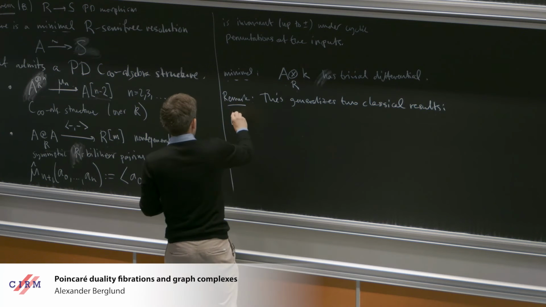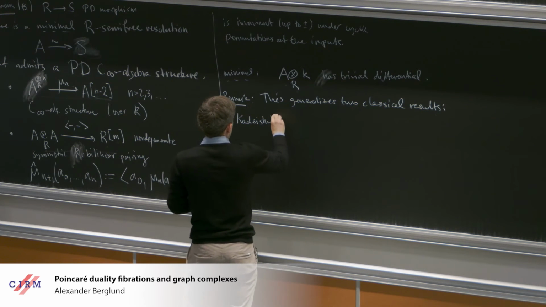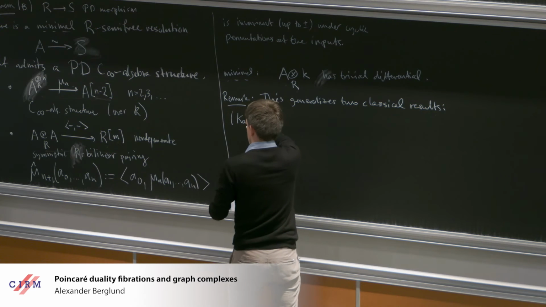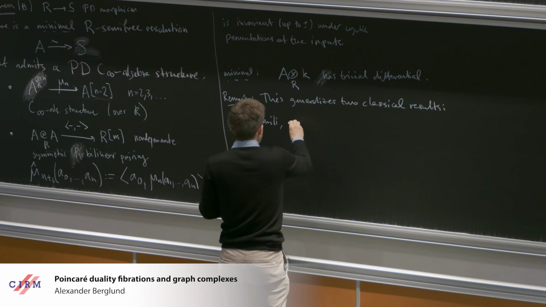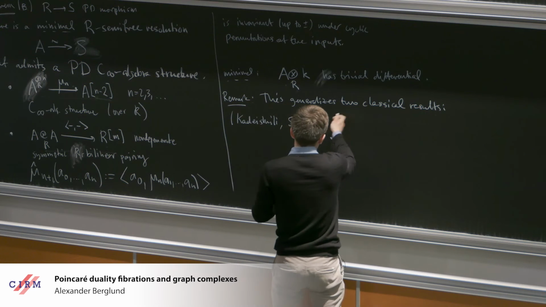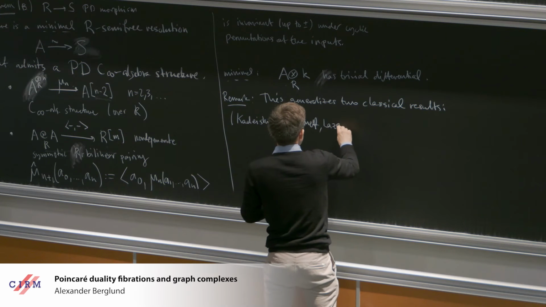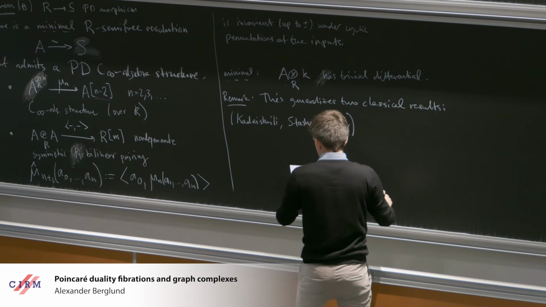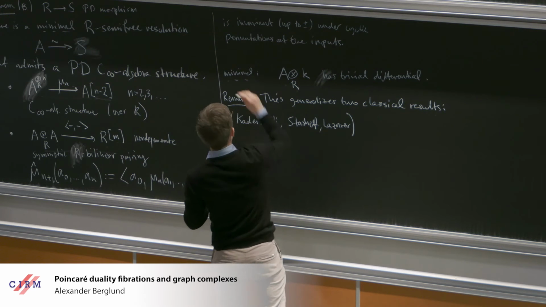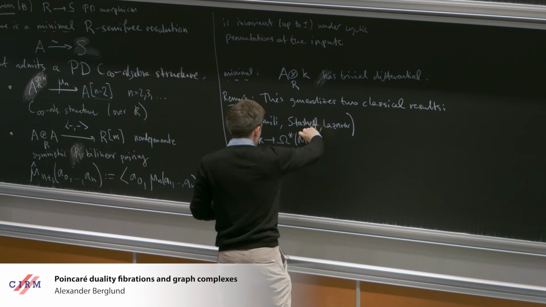First of all, this is due to Kadeishvili without the Poincaré duality, and then an observation of Stasheff, which was reformulated in terms of cyclic C-infinity algebras by Lazarev. So this is in the special case 1, the case of a trivial fibration.